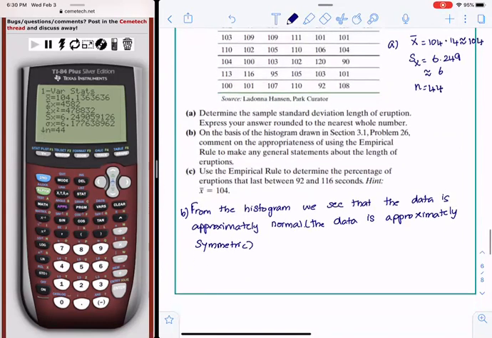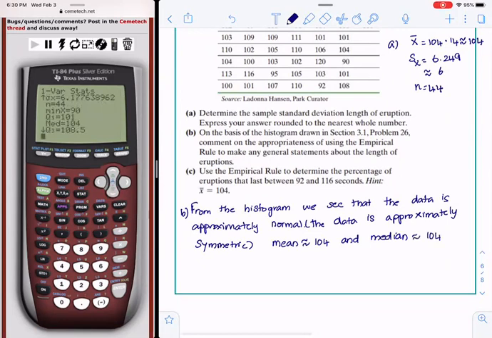In this case, we saw already that the mean is approximately 104, and the median is 104. And the median happens to be a whole number because the data is simply whole numbers. So the median is just 104.